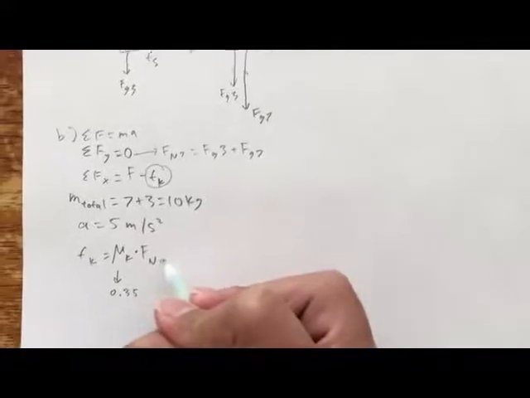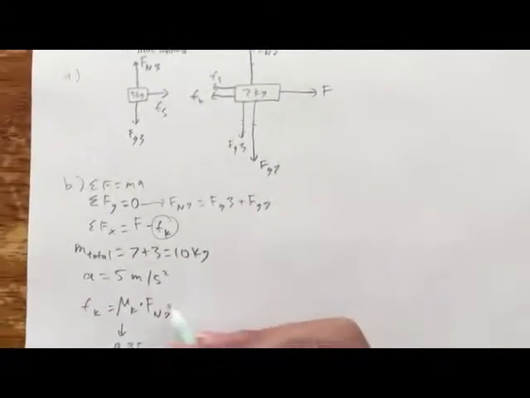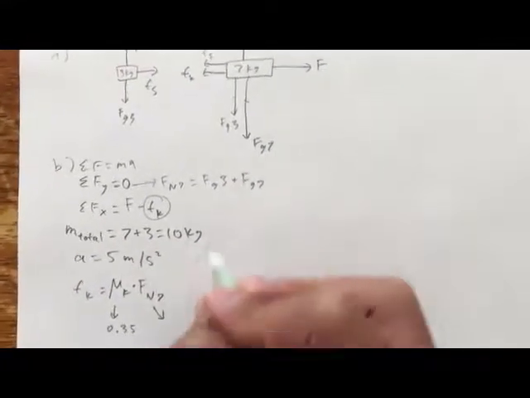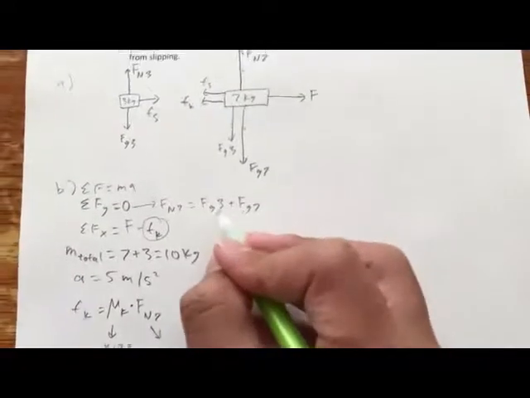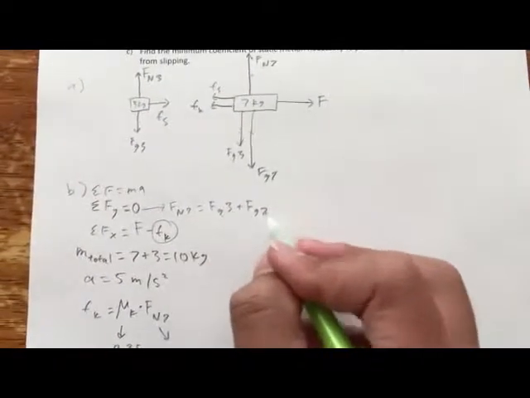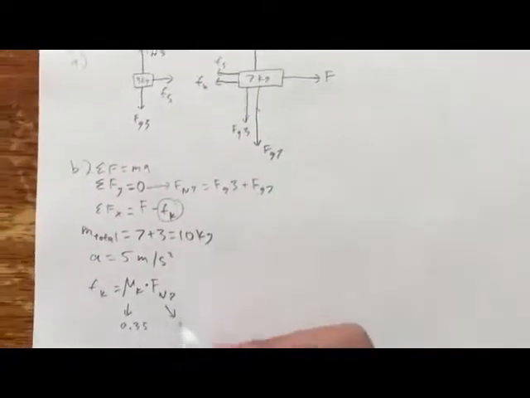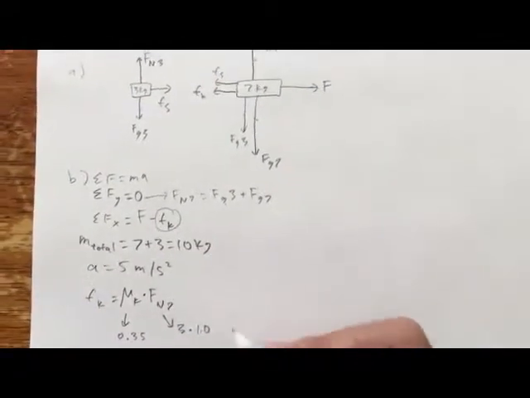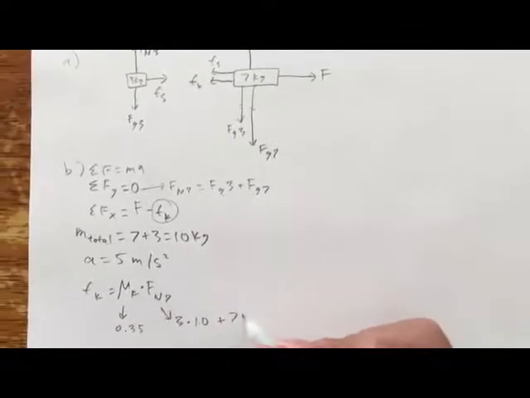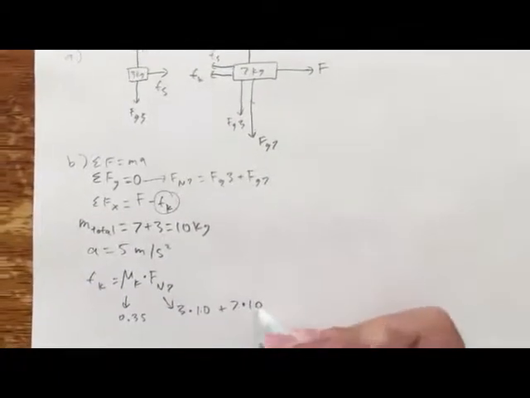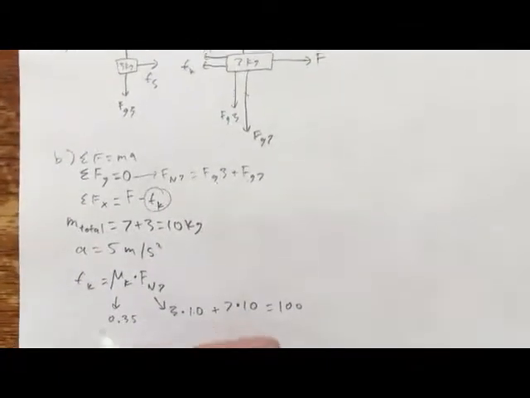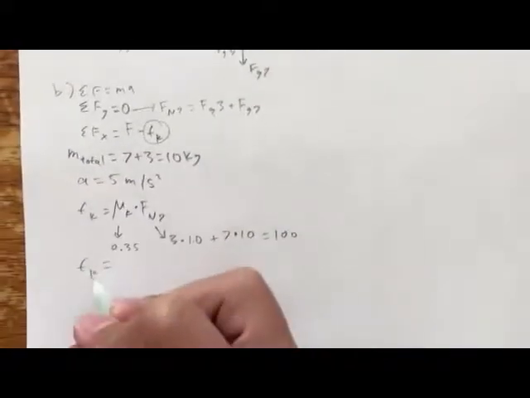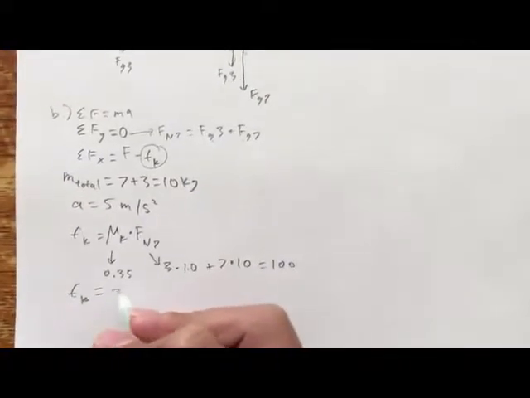So that is the force of gravity of 3 plus the force of gravity of 7, which is m g for 3, which is 3 times 10, mass times gravity, plus 7 times 10, mass times gravity, which is equal to 100. Multiply them, and you get kinetic friction equal to 35.